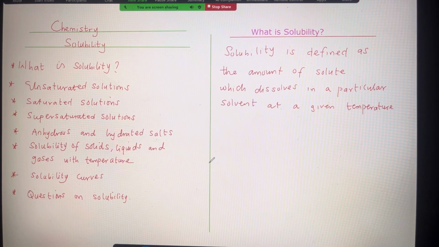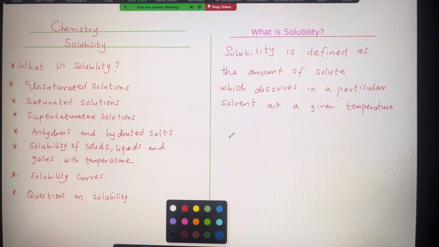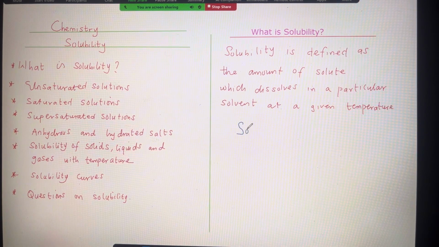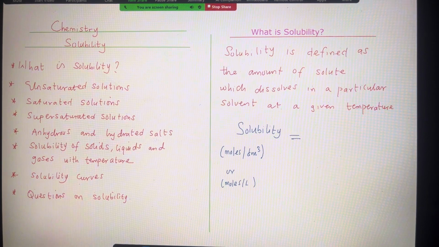We'll start off with solubility here. It is defined as the amount of solute that dissolves in a particular solvent at a given temperature. Okay, so this is the definition for solubility. Solubility has the units mole per dm cube or mole per liter.